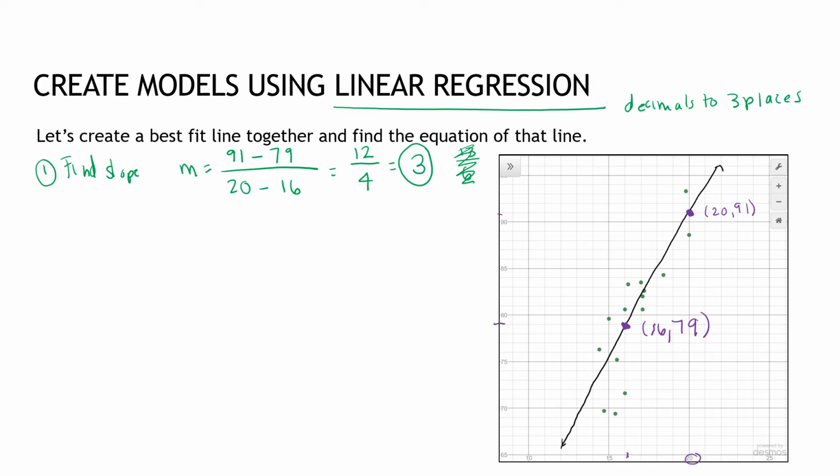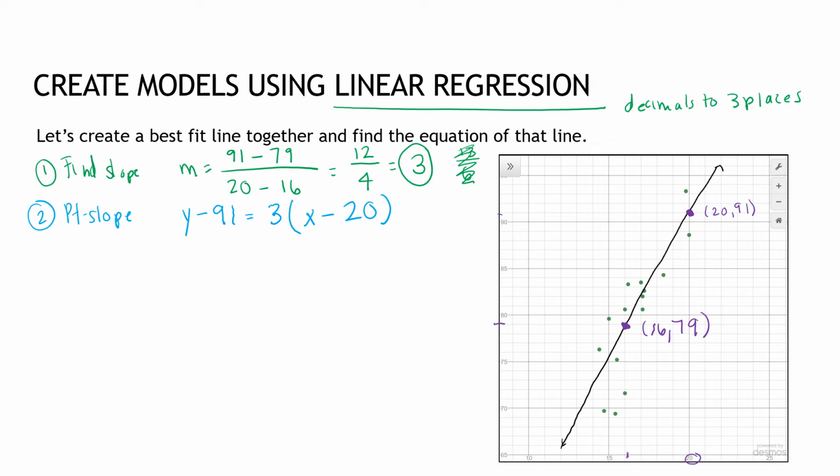Step 2, just as before, we're going to choose one of those 2 points and do point slope formula. So I'm going to take y minus 91, using 20, 91. So y minus 91 equals my slope of 3, x minus 20.